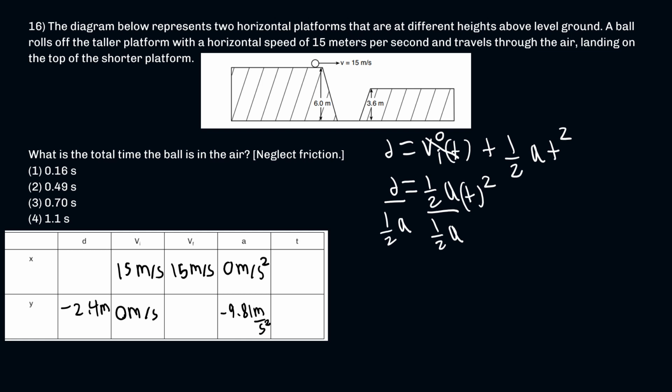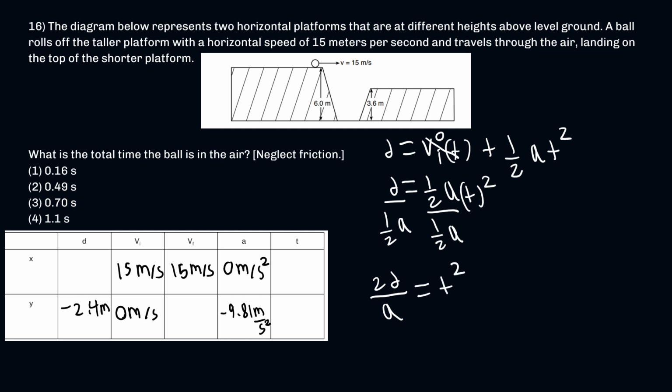From that, d over 1 half a, do the opposite of that, essentially multiplying by 2. So I have 2d over my acceleration equals t squared.